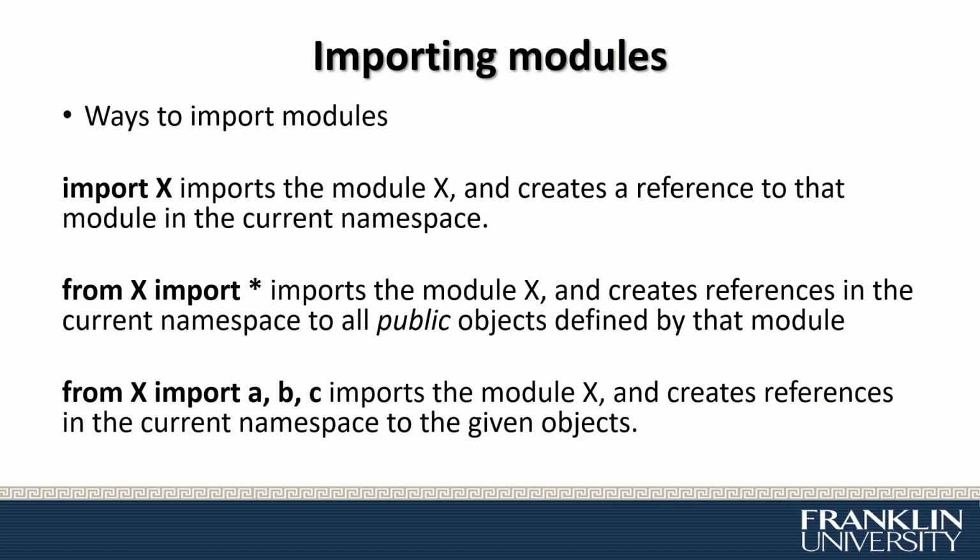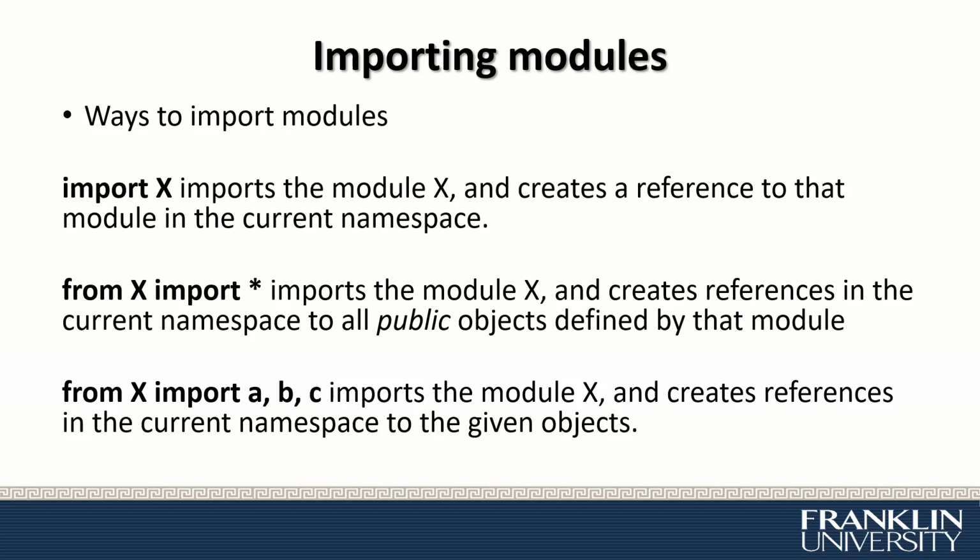And there are three different ways you can import a module. Other than import turtle or import math, you can do import X, import the module X, like import turtle, import math, import string, import random. You can also import a particular part of a module, like from X import star, which imports the module X and creates references in the current namespace to all public objects.